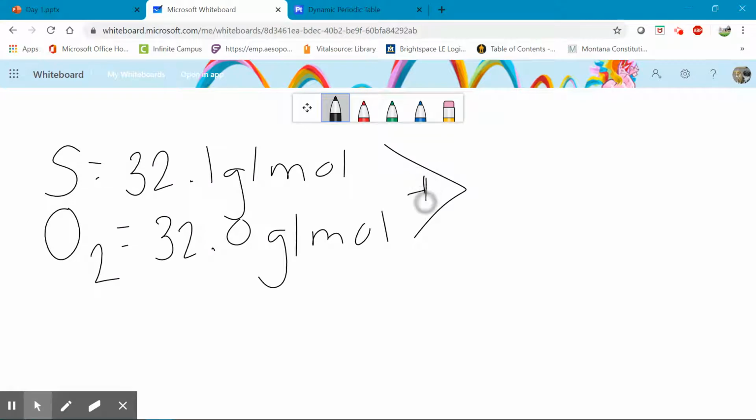Okay? That's a plus sign. And so it would be 64.1 grams per mole, which is the proper unit for molar mass. And that's really important to note because it is talking about an entire mole of these, not individual particles. Okay, so that would be the answer to the first one.